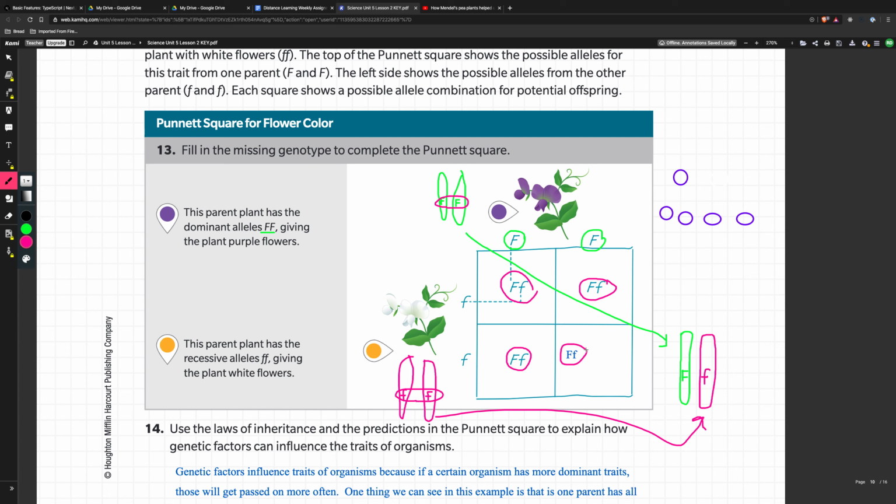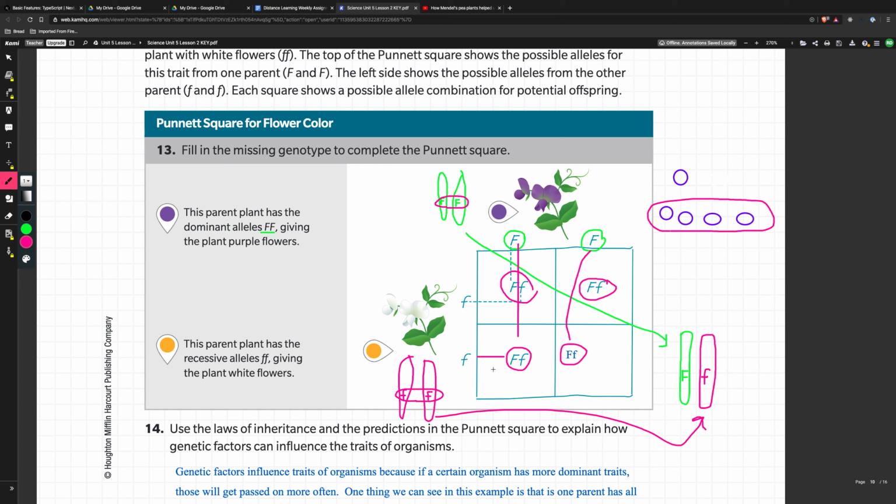And so this is why that first generation of offspring was all purple. If you look at them all, the purple parent passed on a dominant, or capital F, gene to every single offspring. All we're doing to get these letters is, see, this is F and lowercase f. Capital F, lowercase f is right here. Capital F, lowercase f.